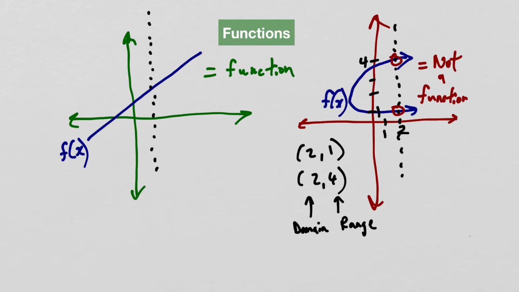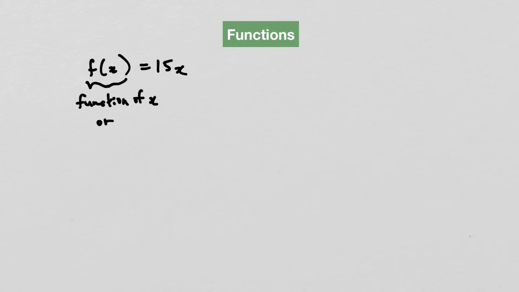Okay, so let's move on to the notation that I mentioned. We have f of x, let's say, is equal to 15x. So the way to read this is the function of x. Okay, so this is called function of x, or you could say f of x, okay?